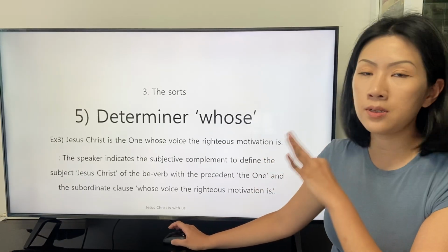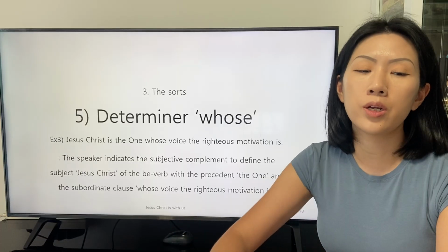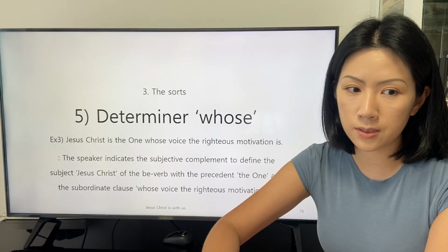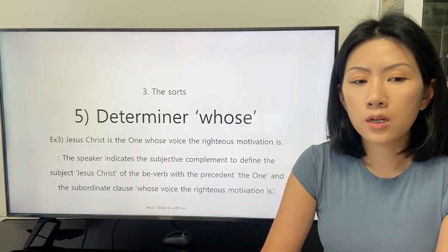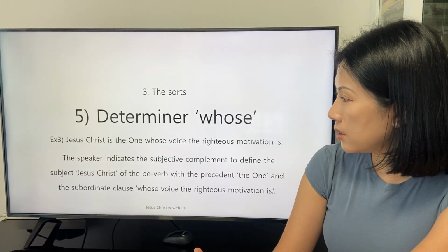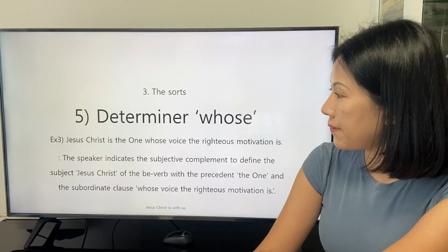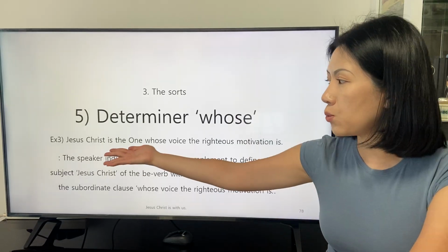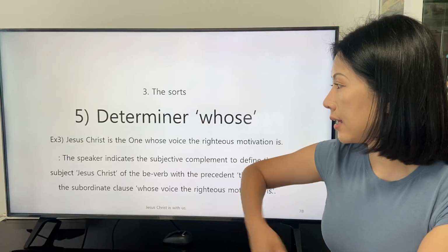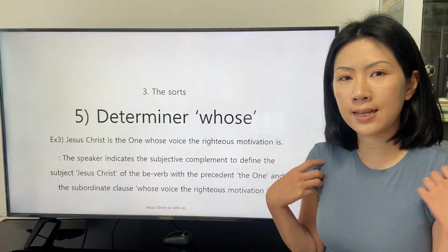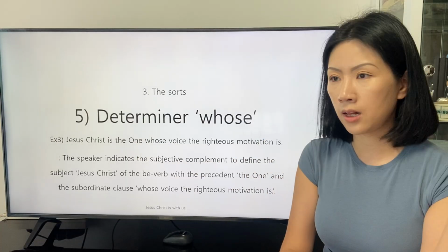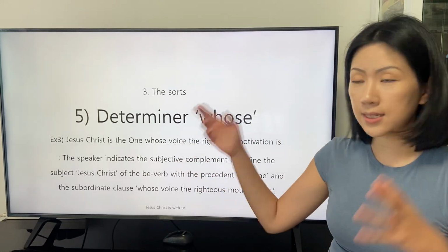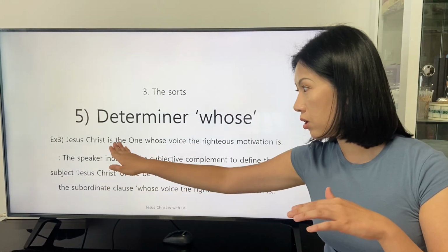And the third example is this: Jesus Christ is the one whose voice the righteous motivation is. In this sentence, we find that the precedent of the determiner whose is the one. And the speaker intends to give us detailed information about the object that belongs to the precedent.